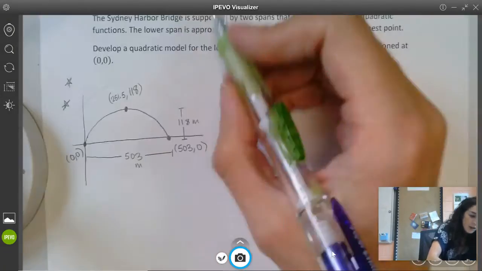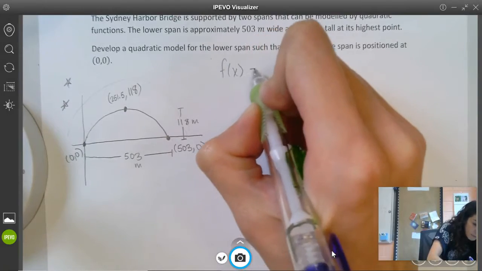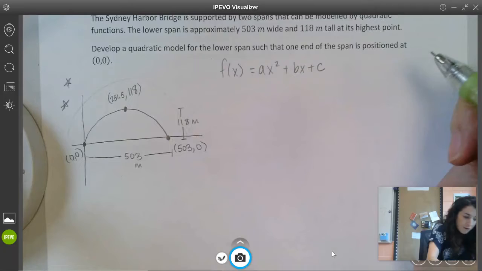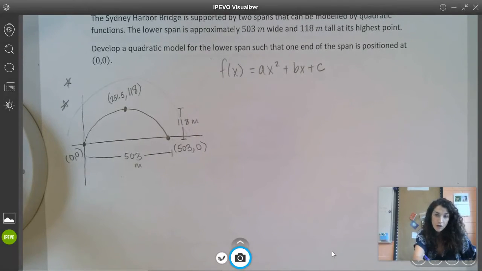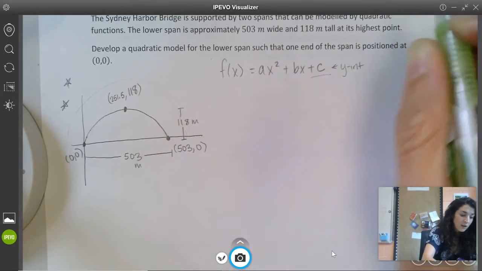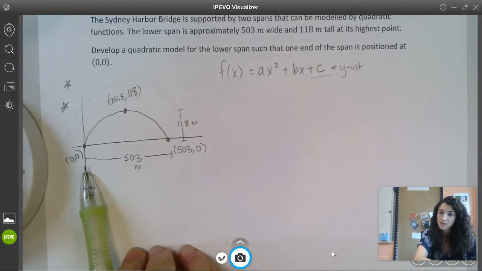And notice with the parameters, I have 3 unknowns, and I need 3 equations in order to solve for 3 unknowns. We know that c can be found with our y-intercept. And we have our y-intercept. It's right here.